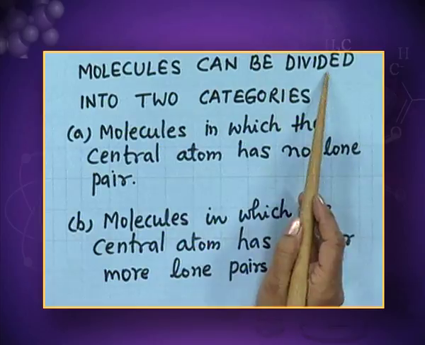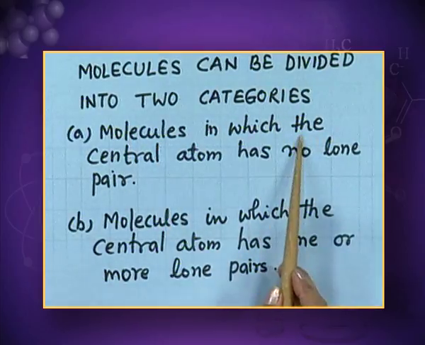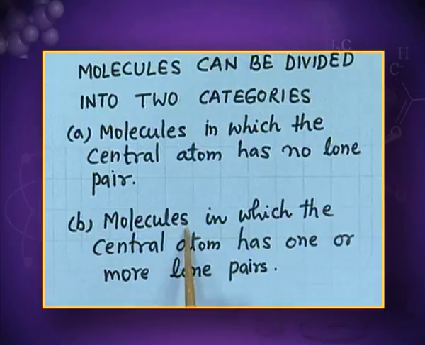Molecules can be divided into two categories: molecules in which the central atom has no lone pair, and molecules in which the central atom has one or more lone pairs.